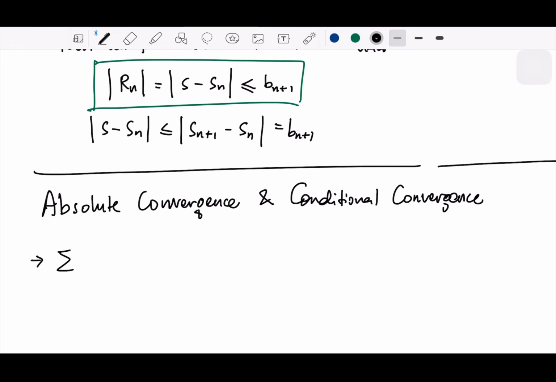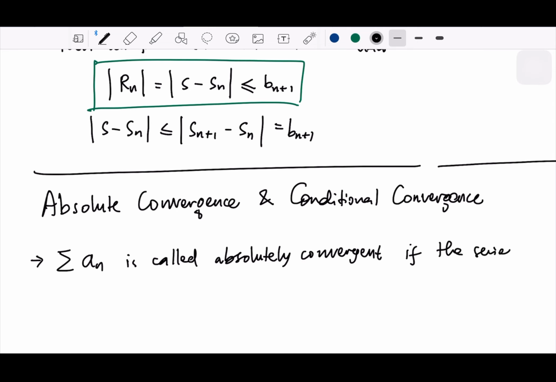A series is called absolutely convergent if the series of absolute values is convergent.